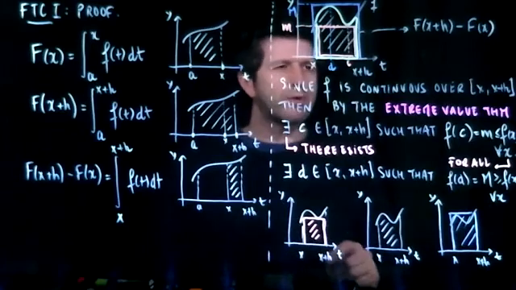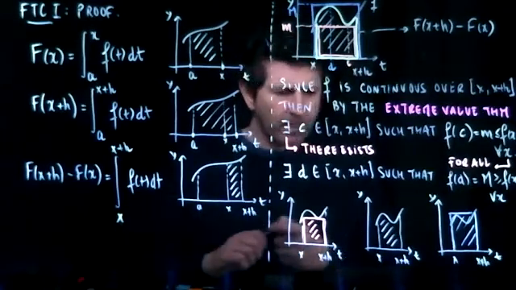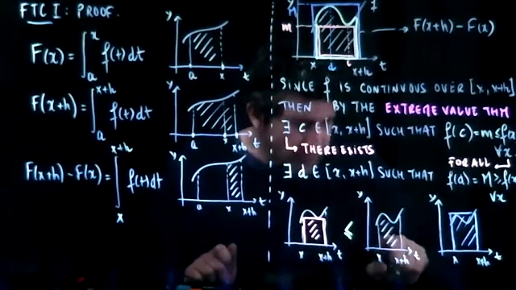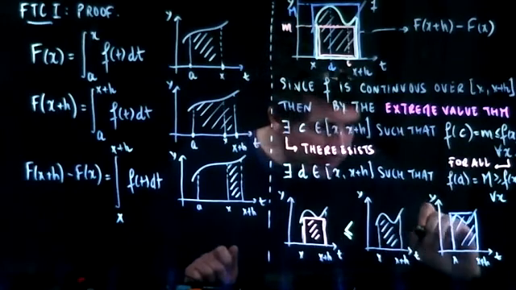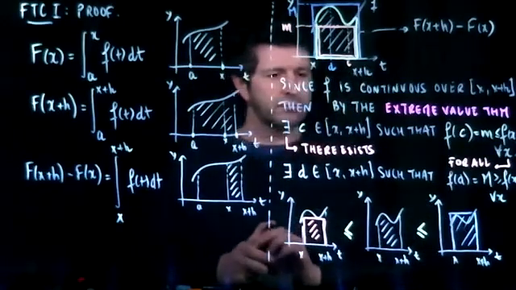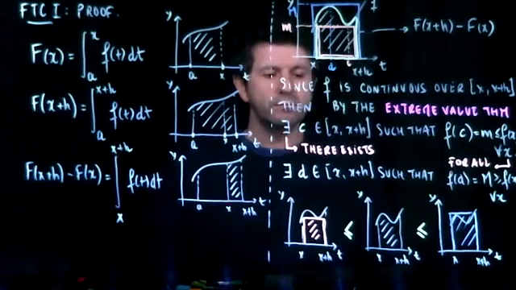Is this clear? You understand what I just drew here? This area is definitely smaller than or equal to this area, which is definitely smaller than or equal to this one. Questions?